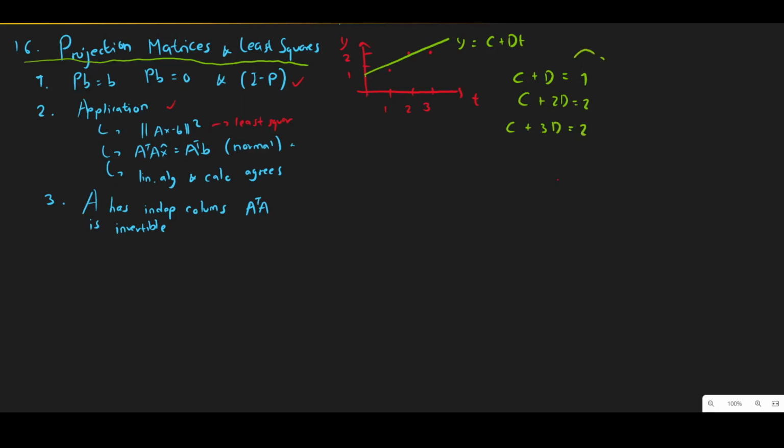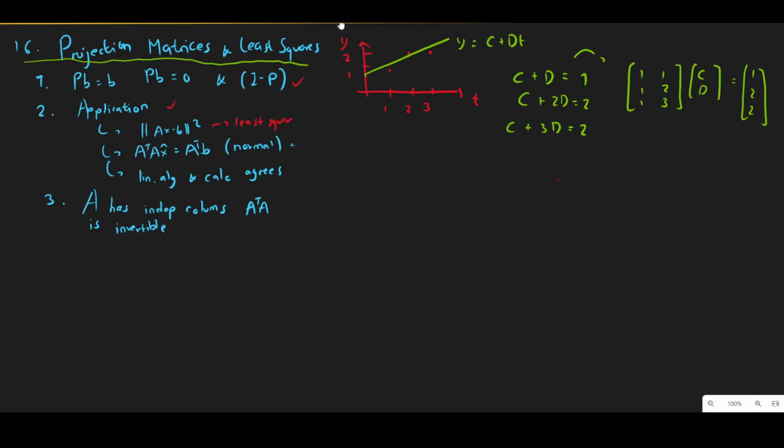And let's turn them into matrix form. So I have 1, 1 from c and 1, 2, 3 from the d element, and I want to multiply by c, d, and this is my result.